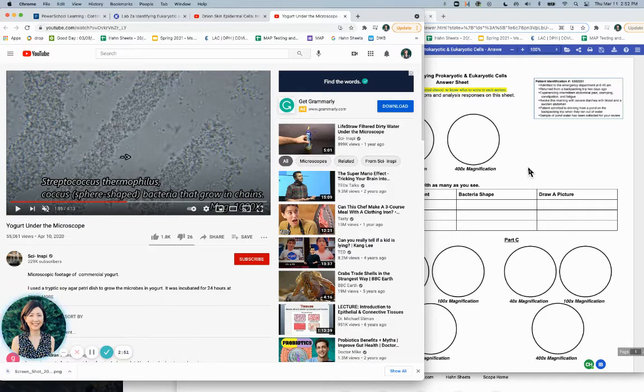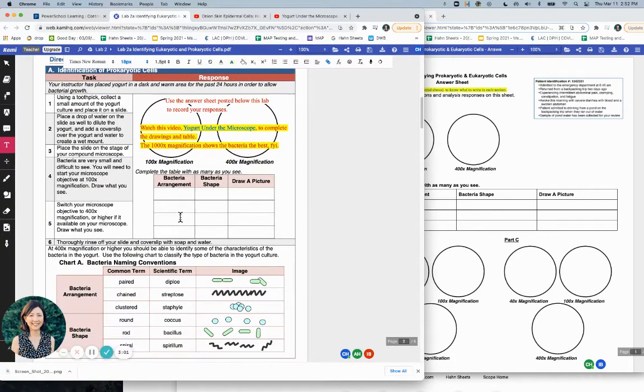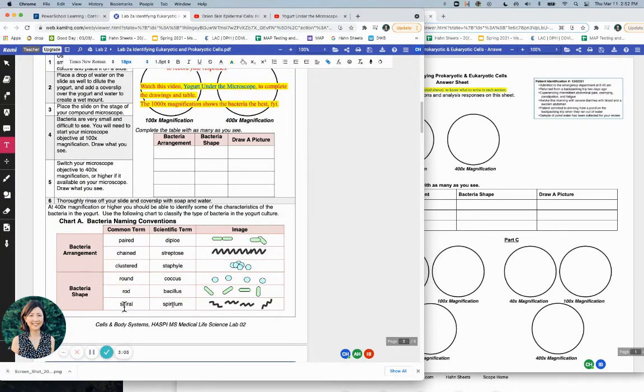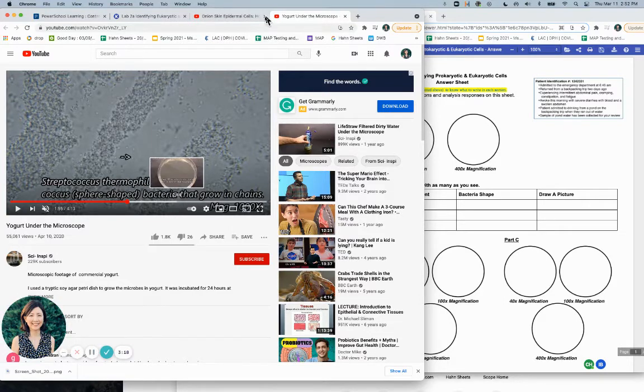And one of the questions on here is to figure out what type of arrangements that you see. So if you look on the lab, it's asking which of these arrangements do you see? So already this video will tell you that we're seeing Streptococcus thermophilus, which is a sphere-shaped bacteria that grows in chains.